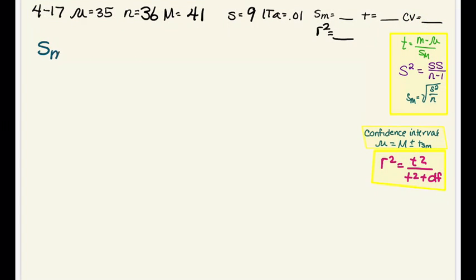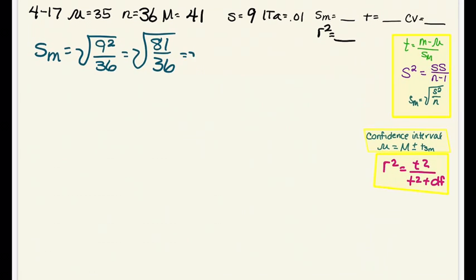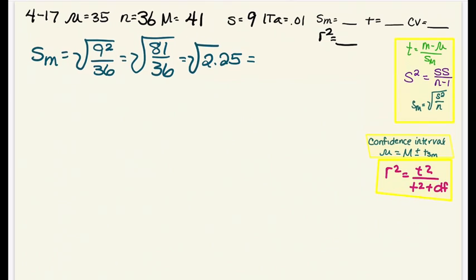Our next problem asks us to calculate the estimated standard error, the t-value, determine the critical regions, and calculate r squared. So first, with the estimated standard error, we have the square root of our sample variance divided by n, and we come up with a value of 1.5.